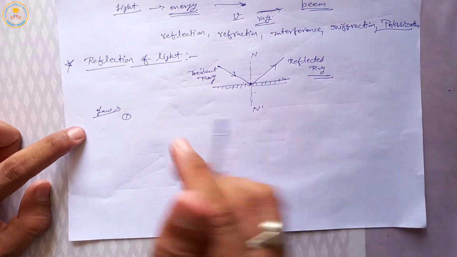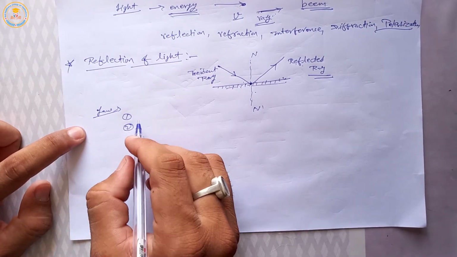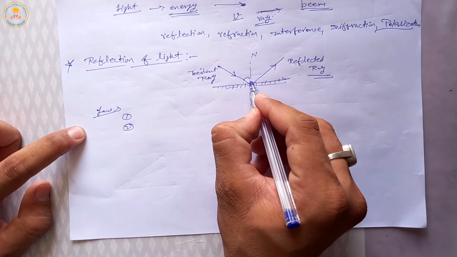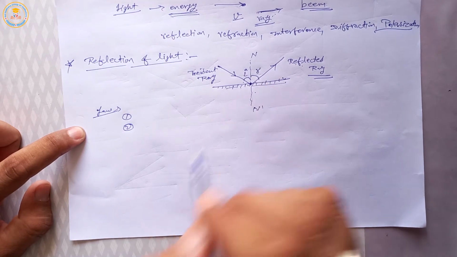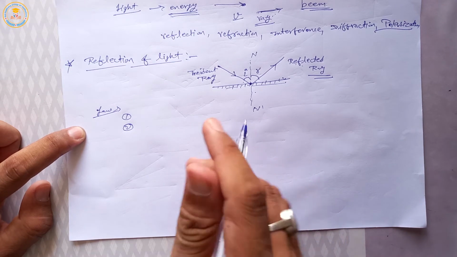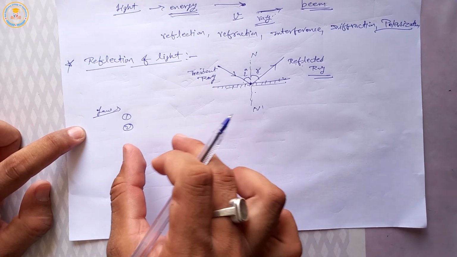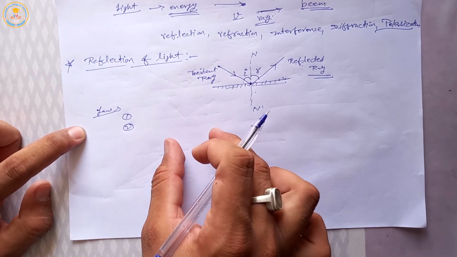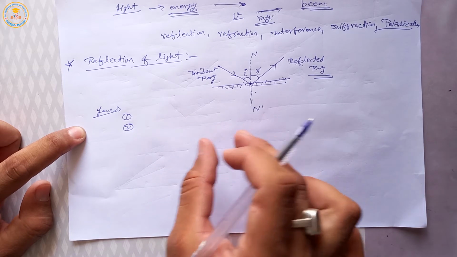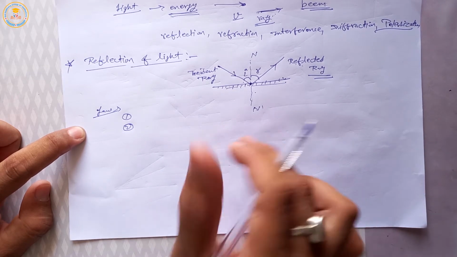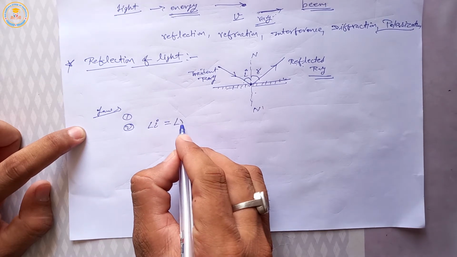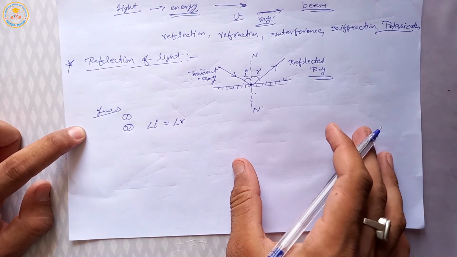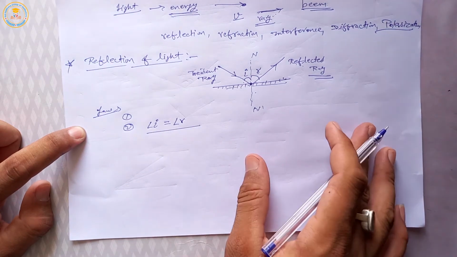Second is the angle of incidence. Suppose this is the incident angle I and this is the reflected angle R. So the second law is that the angle of incidence is equal to the angle of reflection. It means the incident angle I is equal to the reflected angle R. This is very important.